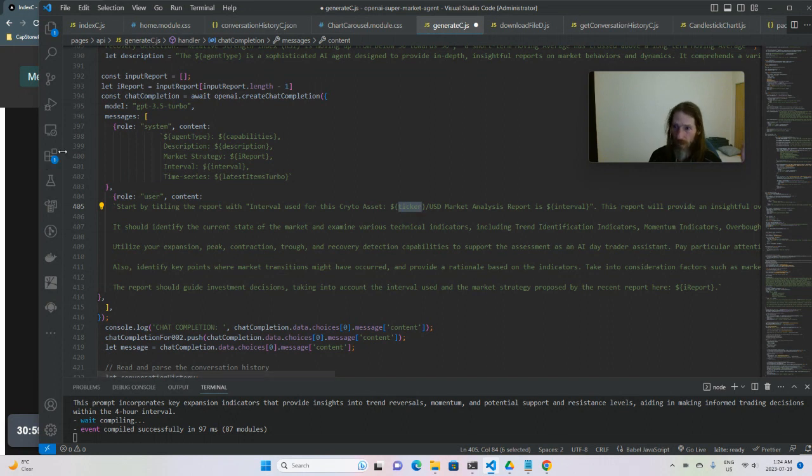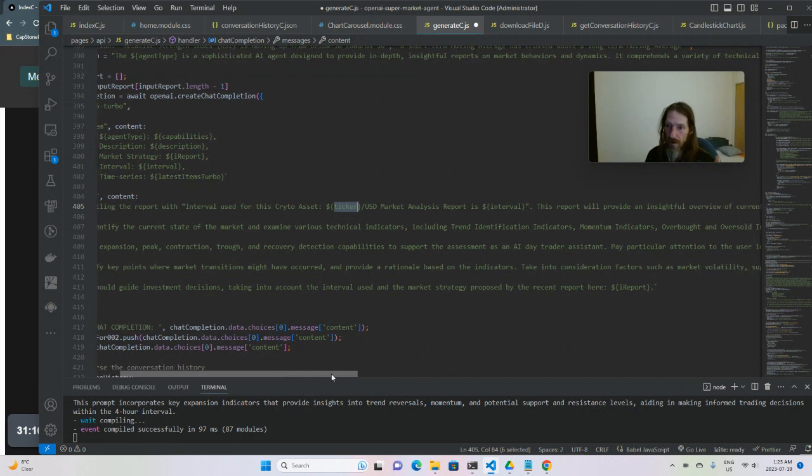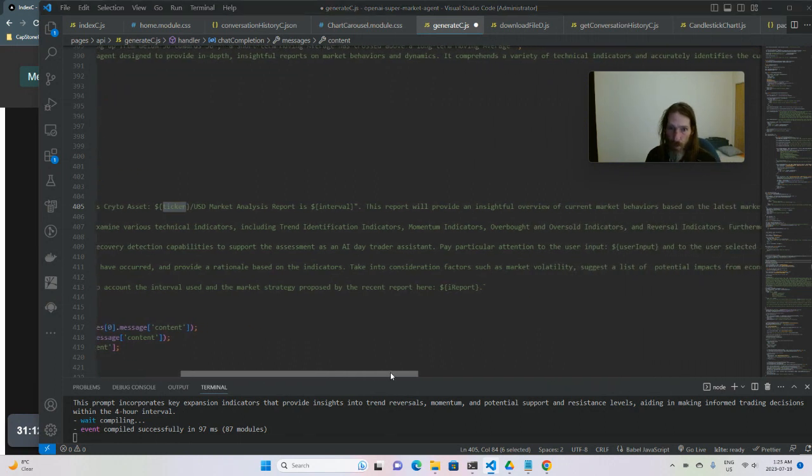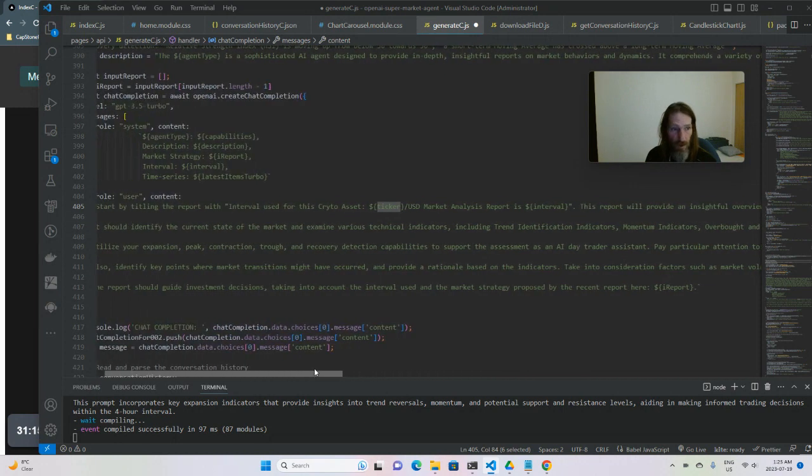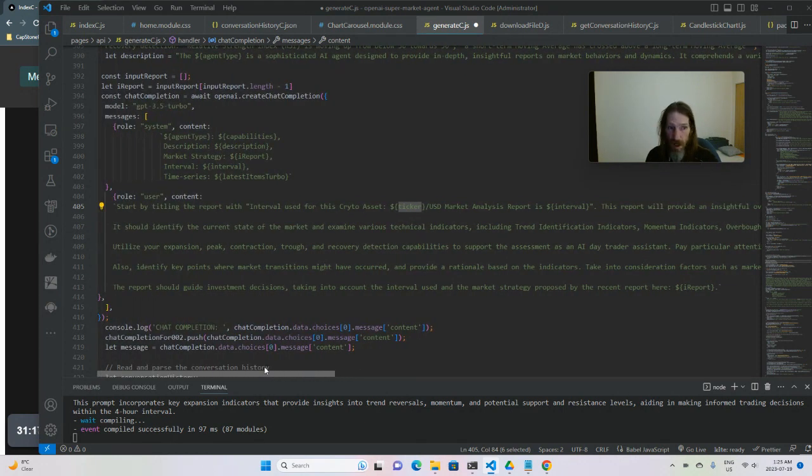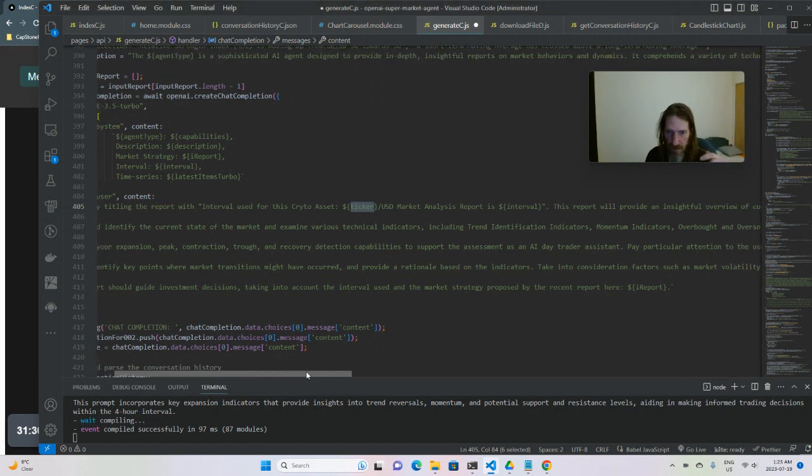So whatever you choose, the report is going to be that: the market analysis report for that interval. This report will provide an insightful analysis, and because it's content going to ChatGPT in that format, if I take Bitcoin, it's Bitcoin. If I take ETH, it's ETH.